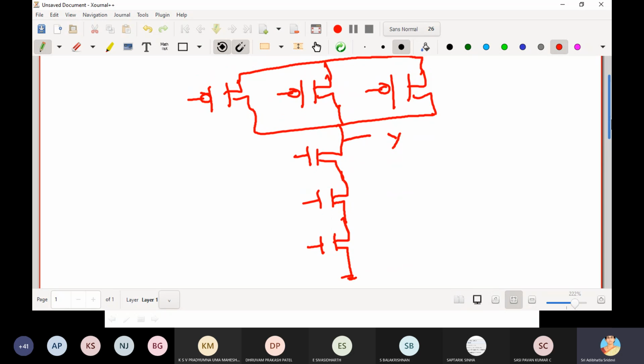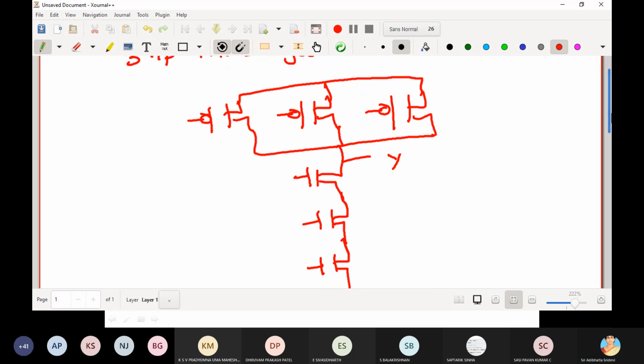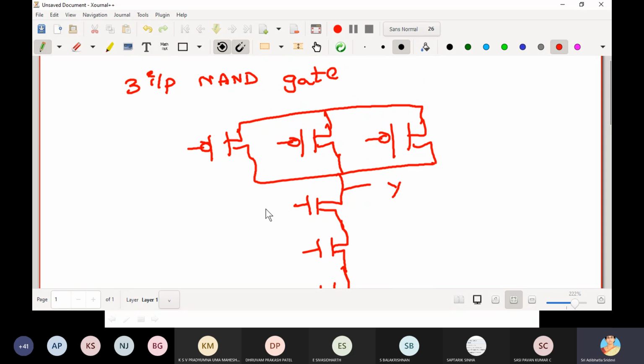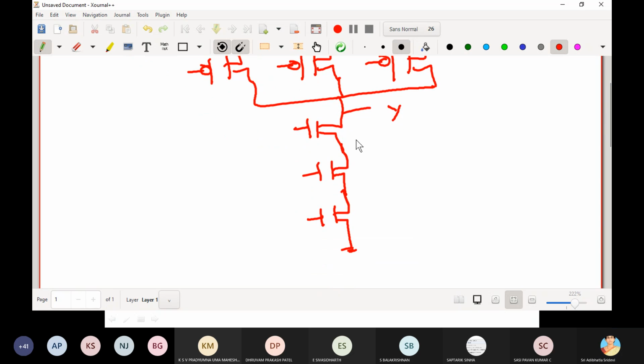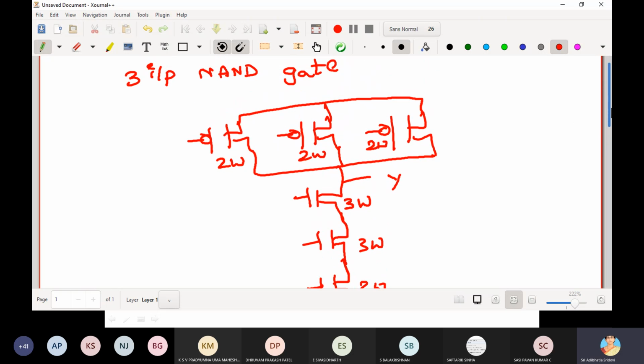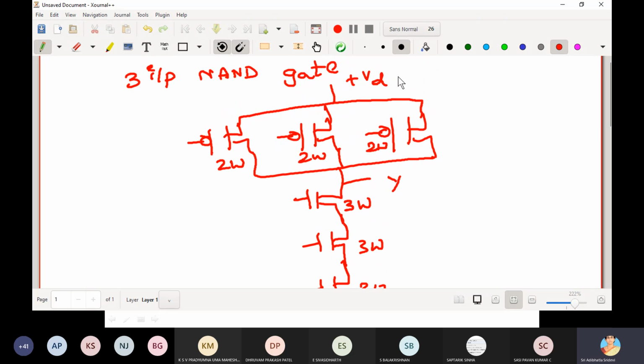The PMOS resistance is 2R and the NMOS basic resistance is R. The PMOS widths we have taken are 2W, 2W, 2W, and the NMOS widths are 3W, 3W, 3W.